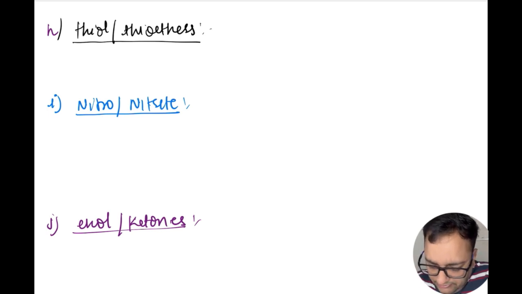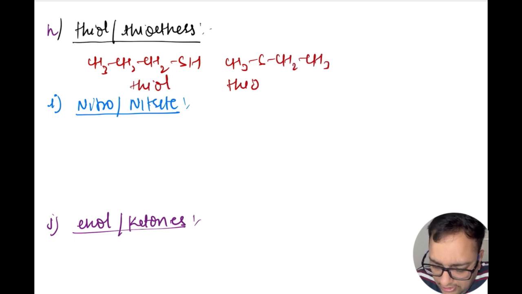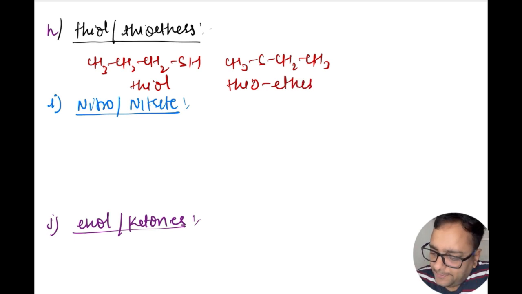Next we have thiol and thioether, CH3 and CH2 and CH2SH, then CH3S, CH2 and CH3. This is thiol and this is thioether. If we pull out the oxygen and put the sulfur, then this is called a thio compound.